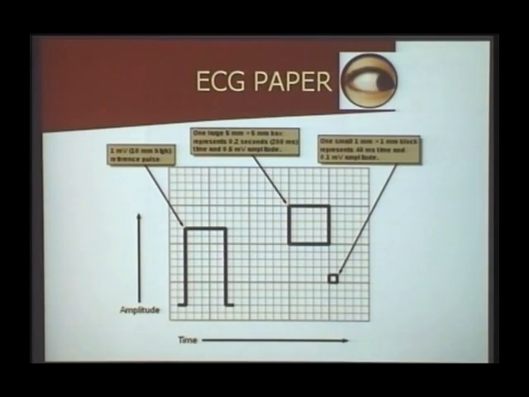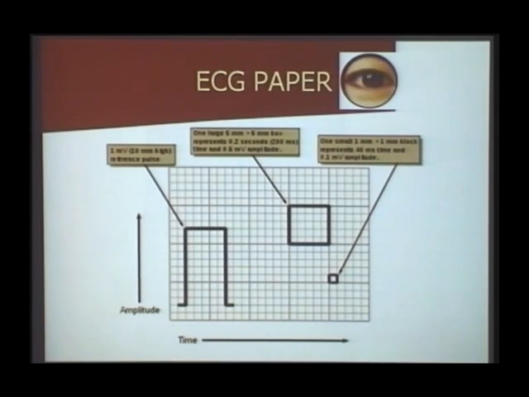1 millivolt standardization is nothing but this vertical bar will have 10 small squares. Each one of your big squares will have 5 small squares horizontally and 5 small squares vertically, and your 1 millivolt standardization should include either 10 small squares or 2 big squares.